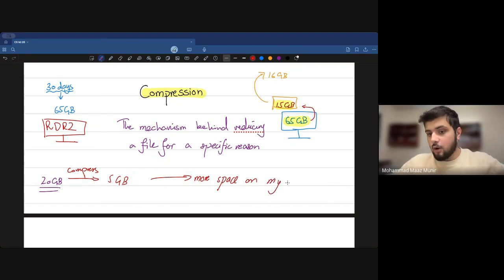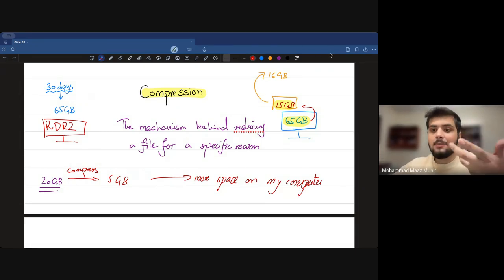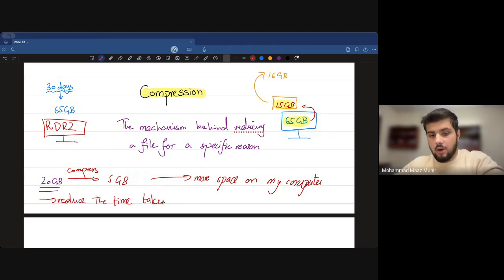Apart from that, I also told you earlier that if I look at the game logic scenario, I'm getting the benefit that it's going to reduce the time taken to download, right?